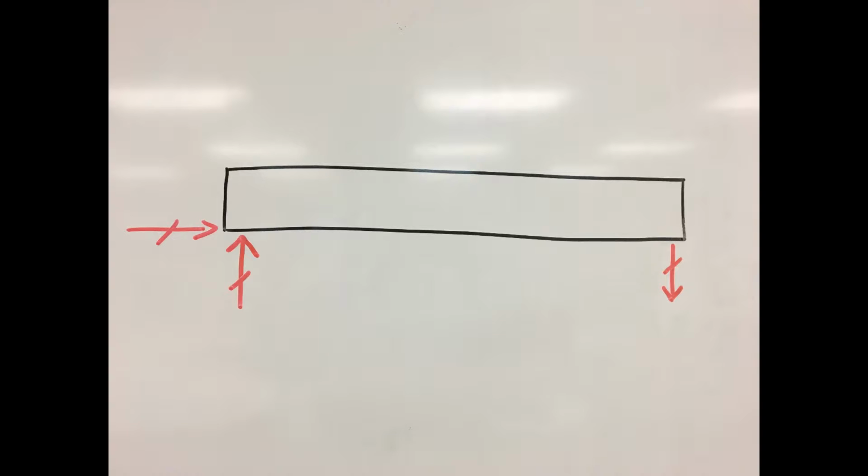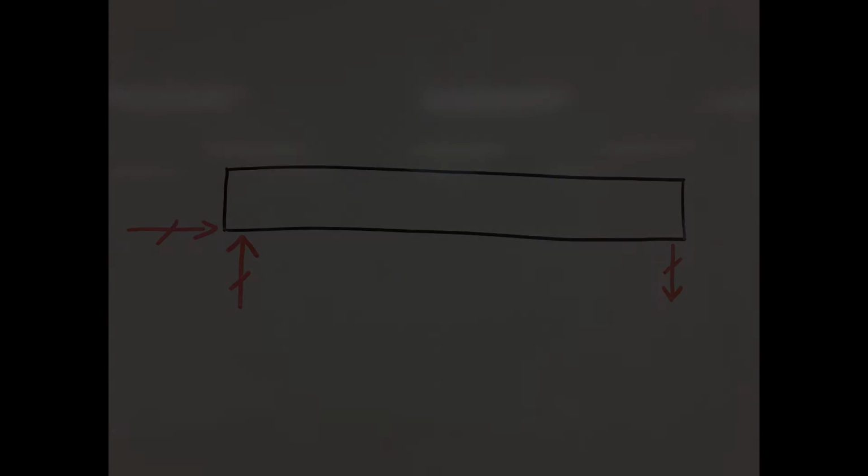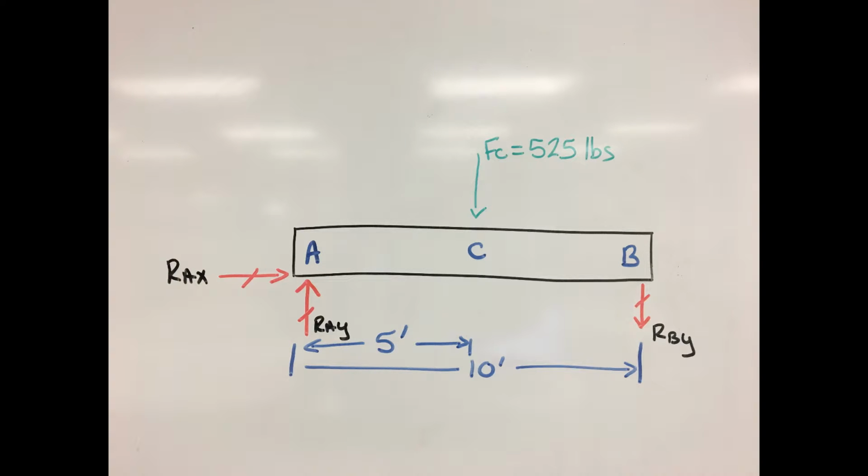So if we drew the arrow pointing up and our answer came out negative, that means the arrow direction would be down. We must remember we're doing static calculations, which means nothing is moving. So if we have a force applying in the y direction and it's 525 pounds on our simply supported beam, we must have a reactionary force holding that beam up that equals 525 pounds.